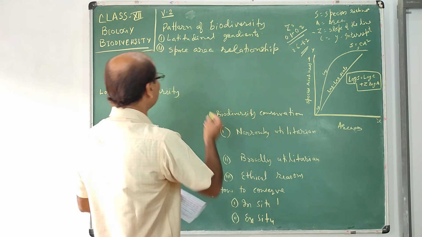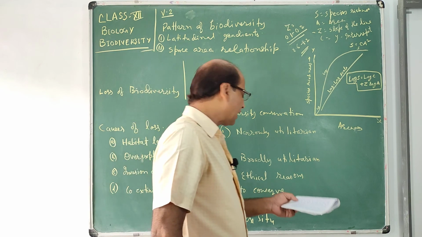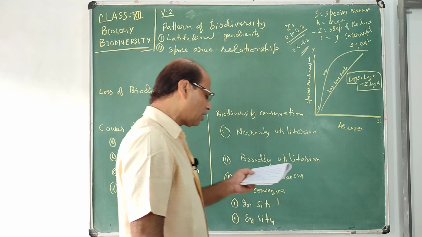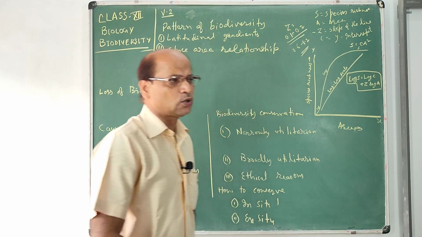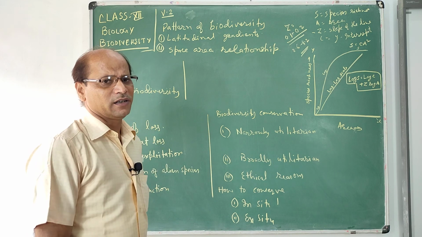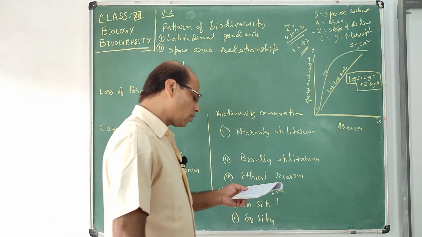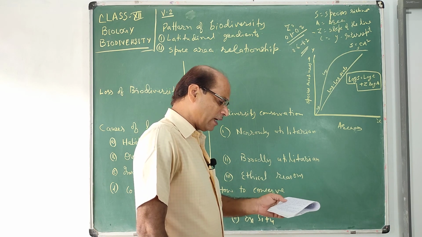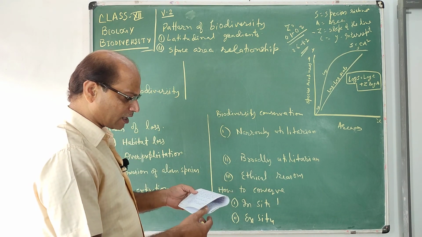A stable community should have the following characteristics. First, productivity should not vary too much from year to year. It should be as usual every year. Second, it should be resistant to occasional natural and man-made disturbance.